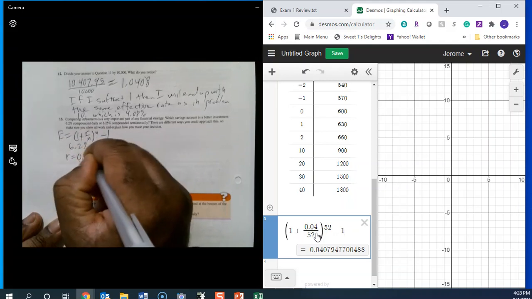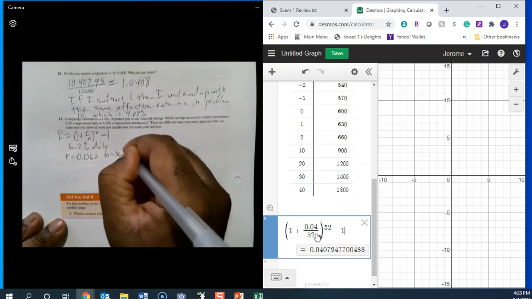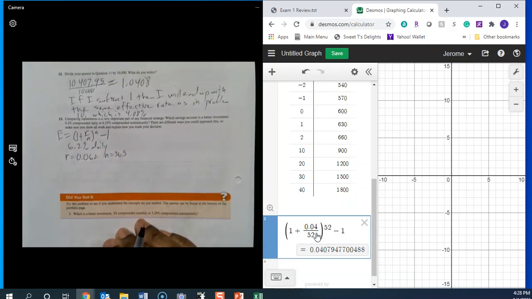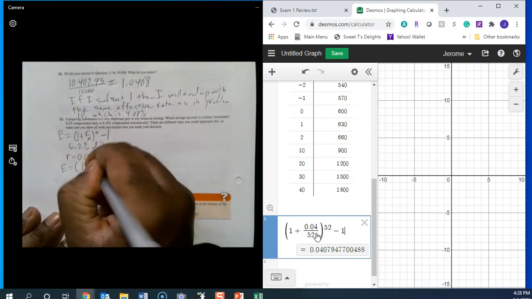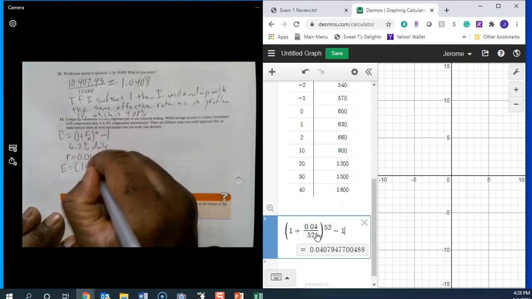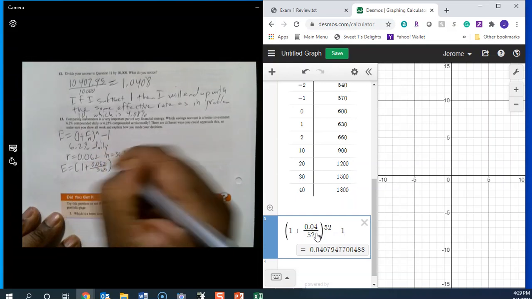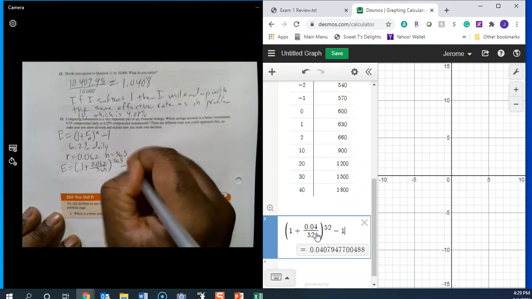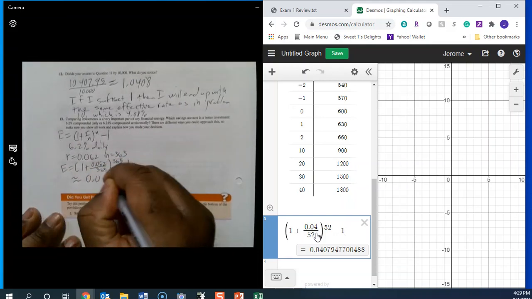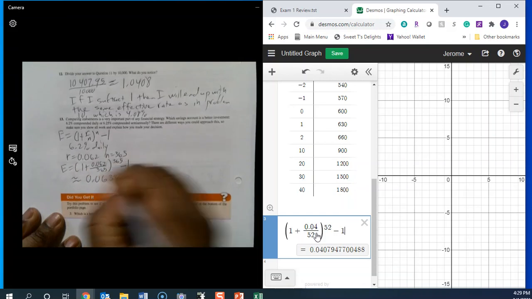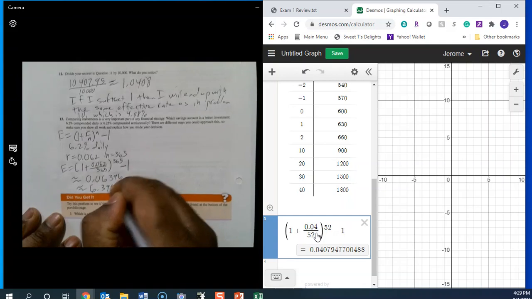R is equal to 0.062, and the n will be 365, because it's daily. So E is equal to 1 plus the rate, 0.062, all over n, which is 365, to the 365th minus 1. This will give you approximately 0.06396, which is approximately 6.396%.